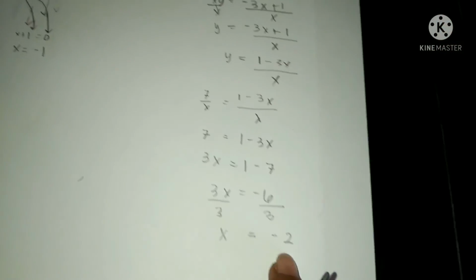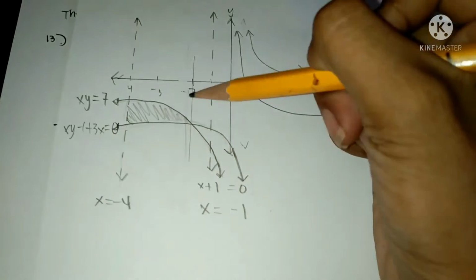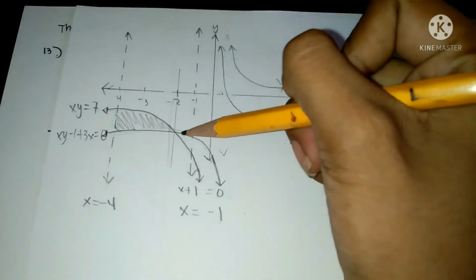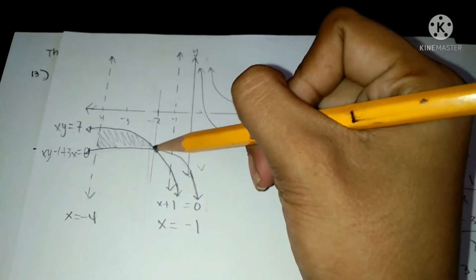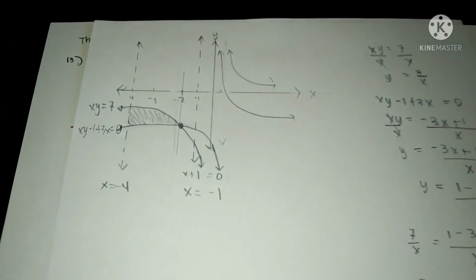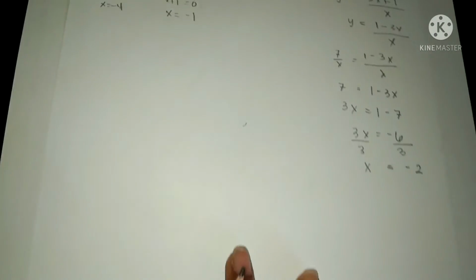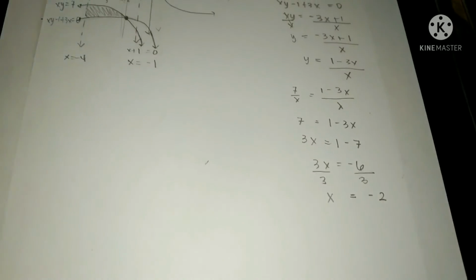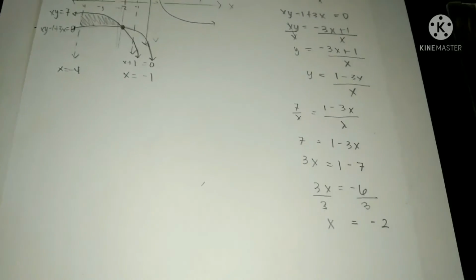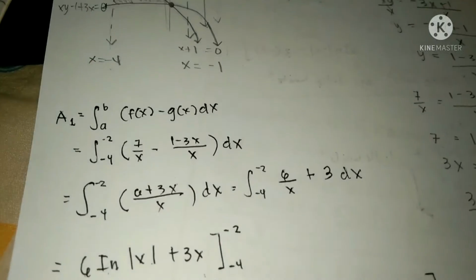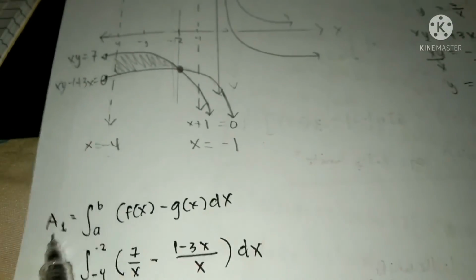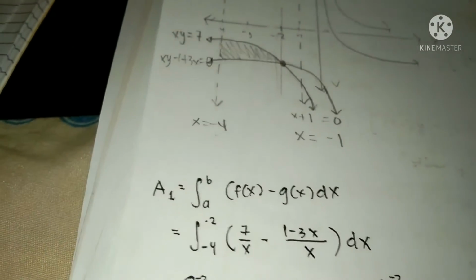Itong x na to, makita rin dito sa graph, kumbaga, itong negative 2 is dito nag-intersect yung dalawang equation. So, next, kunan natin yung area. Kumbaga, dalawang area yung kukunin natin. So next, let's get the value of our area 1. Dalawa yung kukunin natin, yung area 1 tsaka yung area 2.